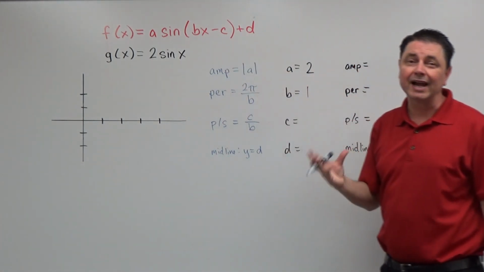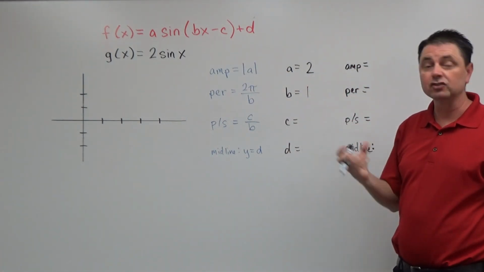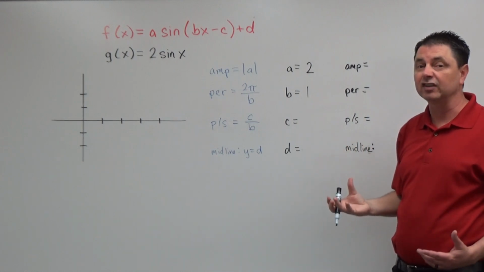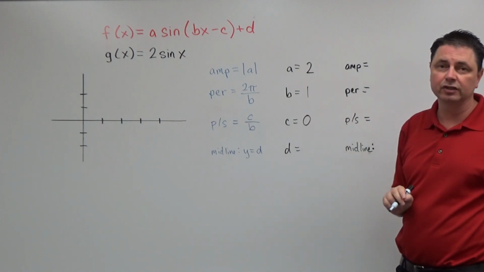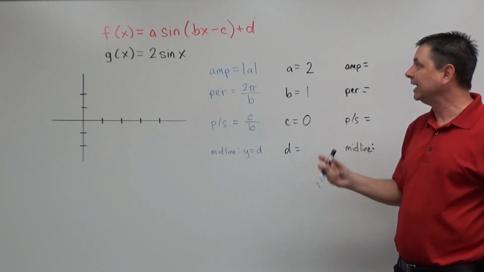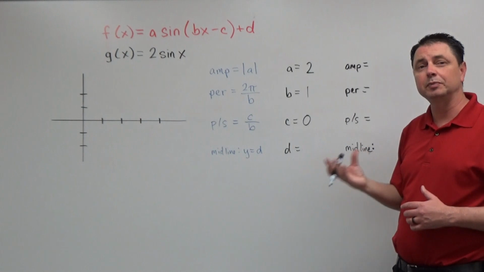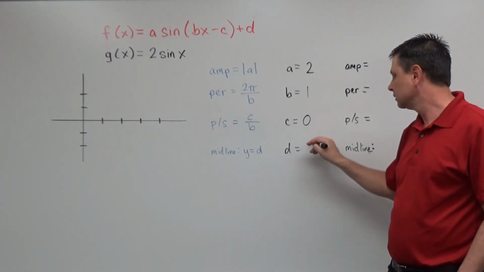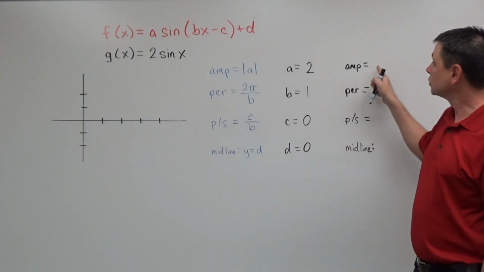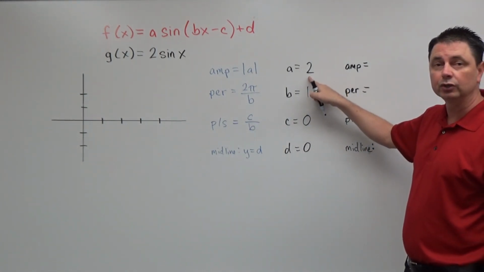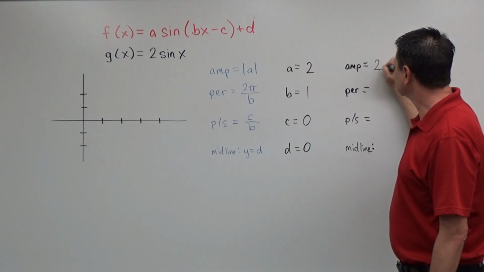C comes from subtracting after the x or adding after the x inside of parentheses, but we don't have any parentheses. So that has to be 0. And then d, outside of the function, anything that's being added or subtracted, we don't have that either, so d is also 0.